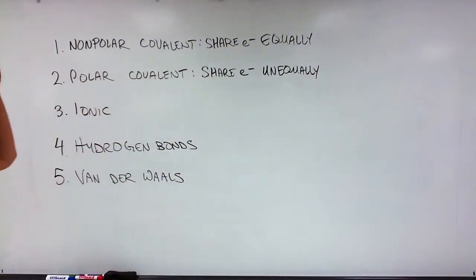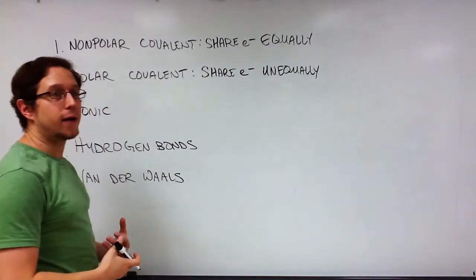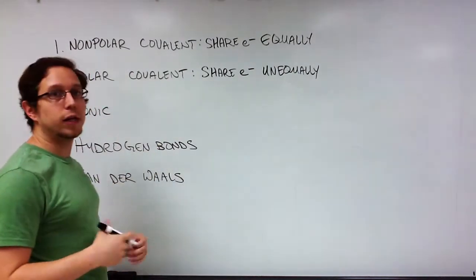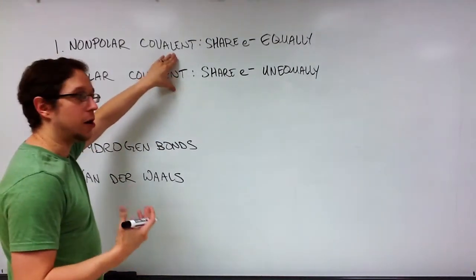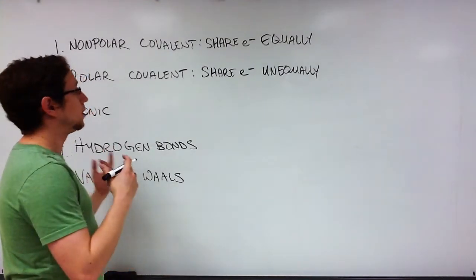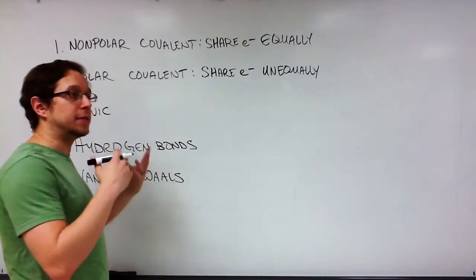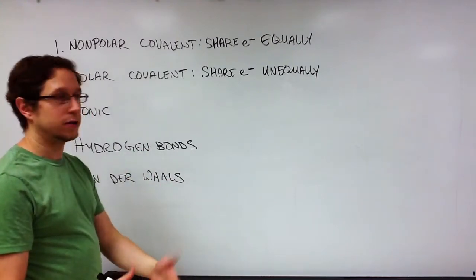Okay. So in either case, the atoms involved in these bonds are sharing electrons either equally or unequally to fill their valence shell. Because remember, these bonds arise from the scenario where atoms are attempting to fill their valence shells and become inert. Right?